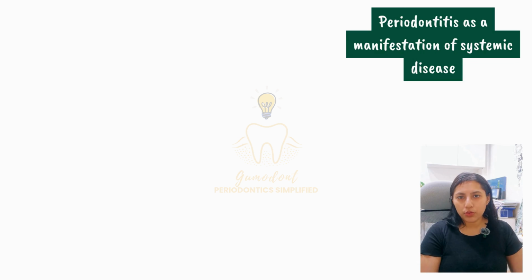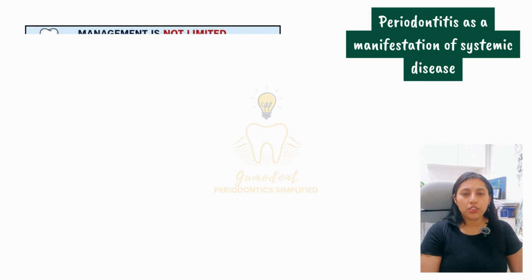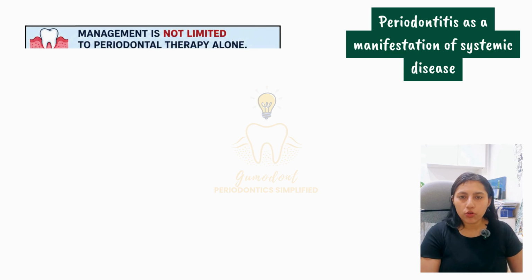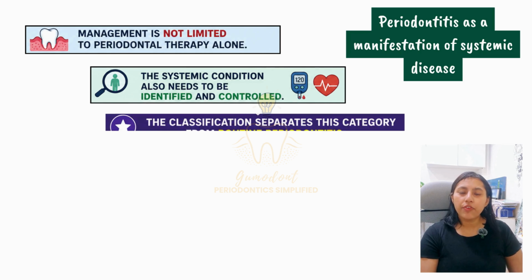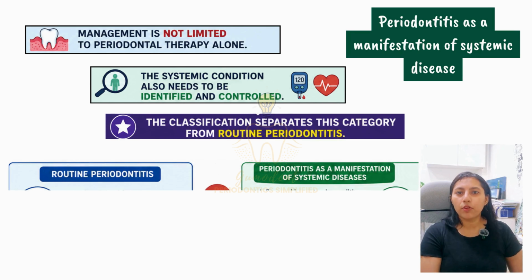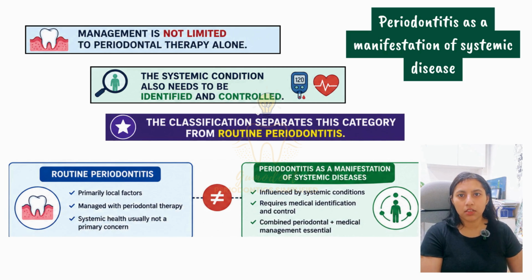Now, one important thing to understand is in these patients, management is not limited to periodontal therapy alone. The systemic condition also needs to be identified and controlled. And that is exactly why the classification separates this category from the routine periodontitis.